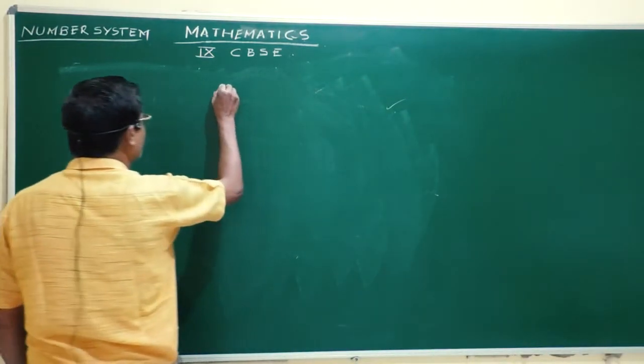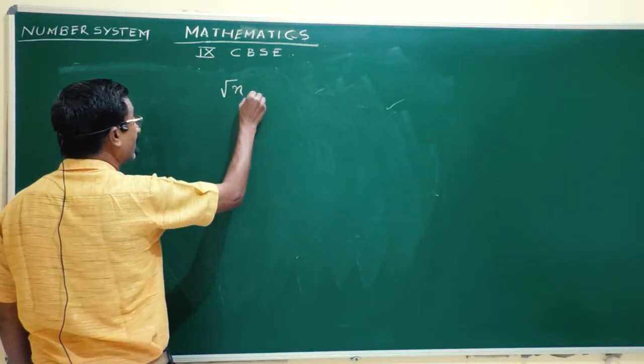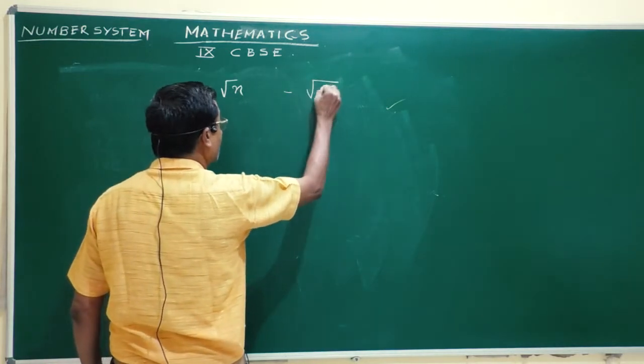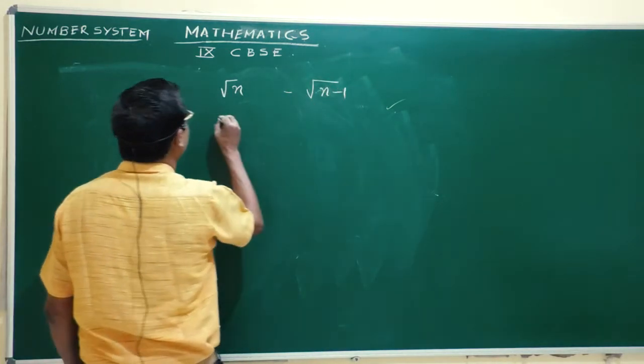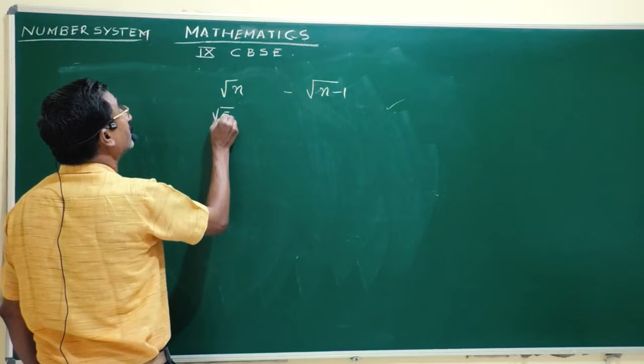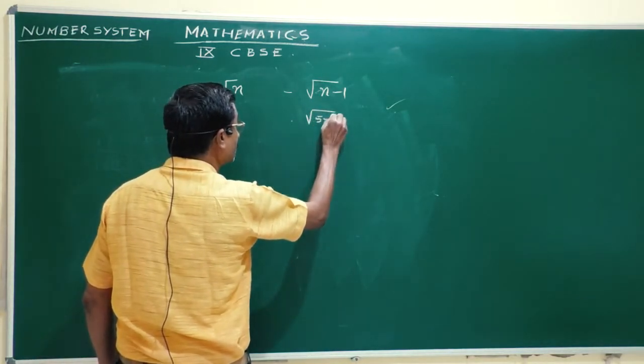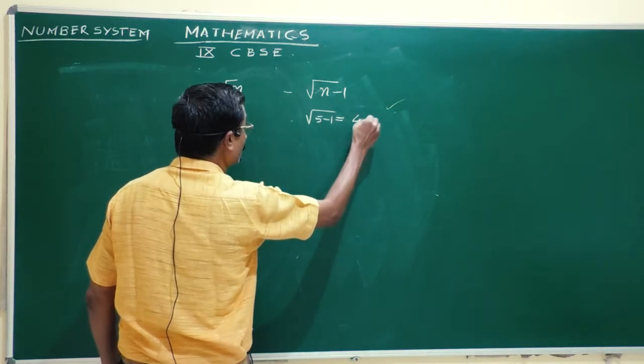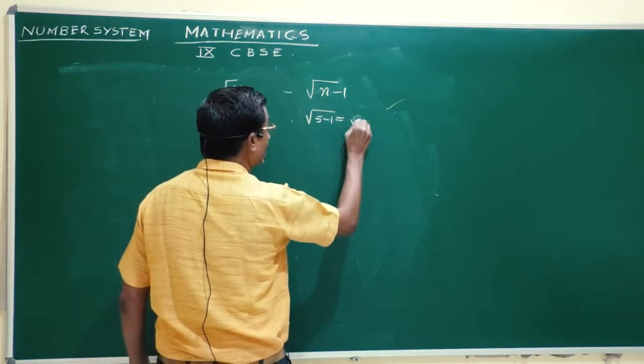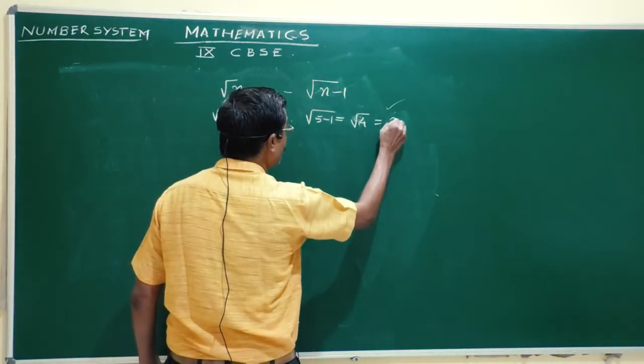What we have done, if we want to draw under root n, then we have to draw under root n minus 1. Here under root 5 we want to find out. So we will go for 5 minus 1, which is equal to 4. Sorry, under root 4, which is equal to 2.